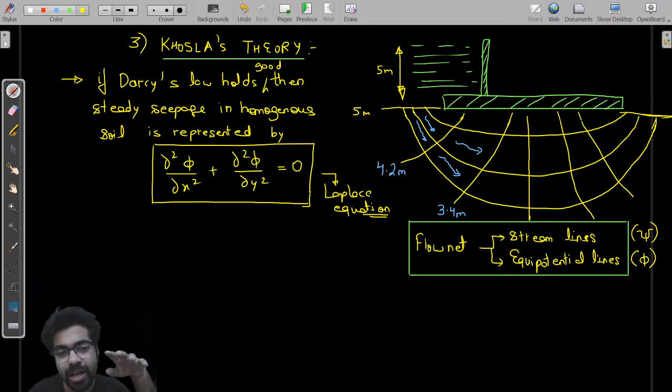If the gap is 5 and 4.2, then water will be somewhat slow. If head difference is 5 and here it is say 1 meter, then a 4 meter gap is there, and water will flow fast. More the difference, more is the speed. The water will try to balance the head on both sides.